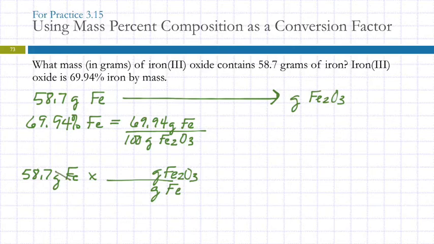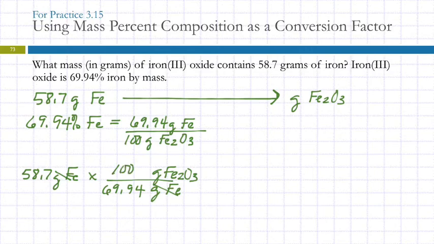Grams of iron cancel grams of iron, giving me grams of the compound. Now I look at this percentage as I wrote it out here, and 69.94 grams of iron. Well, I put grams of iron on the bottom. I don't need to rationalize or try to remember or anything. I just follow the pattern. So I'm going to put the number with its unit. And in the numerator, I'm going to have 100 grams.